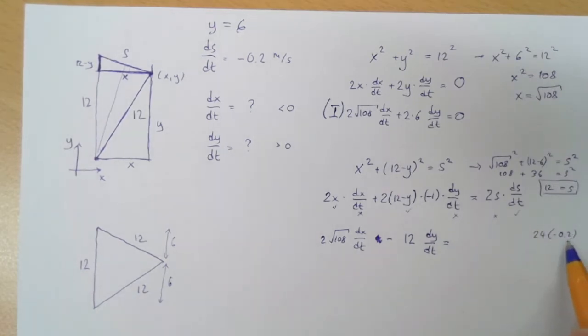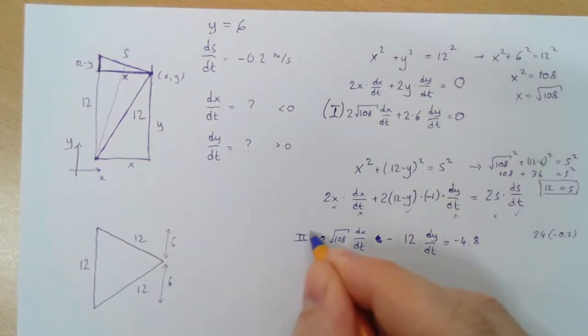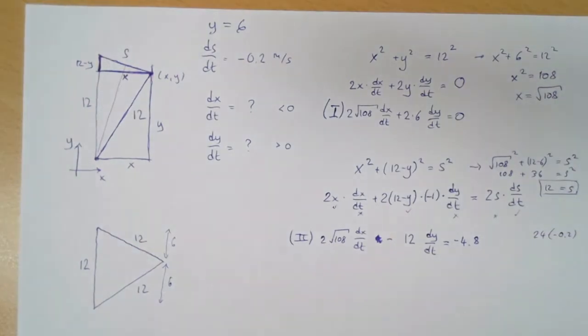If it was 24 times 2, it would be 48, so negative 4.8. Very good. I'm going to call this equation 2.